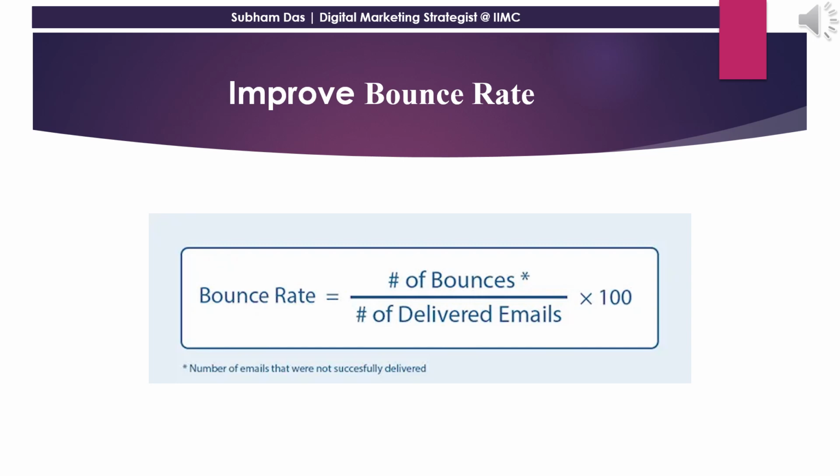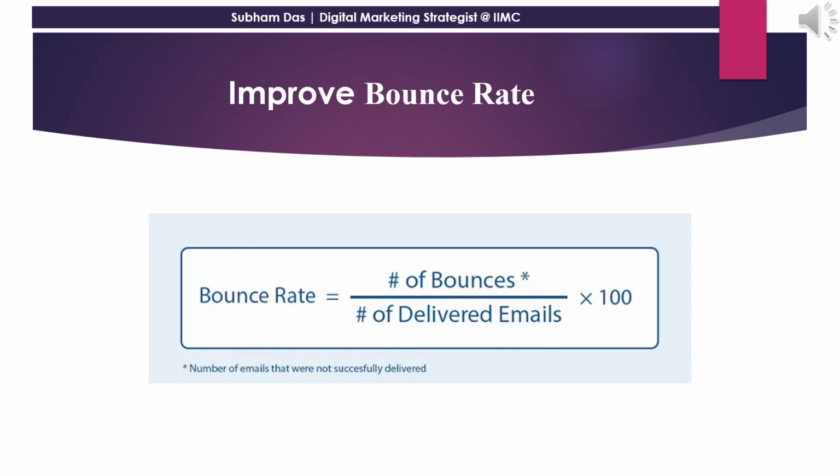You have other metrics to measure the effectiveness of email marketing, like conversion rate and complaint rate, that is, how many people have converted or maybe purchased your product based on email marketing, or how many people have complained against your email marketing, that maybe they have not subscribed to the list or they don't recognize the sender.